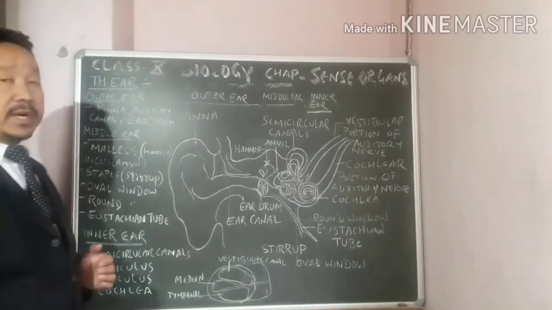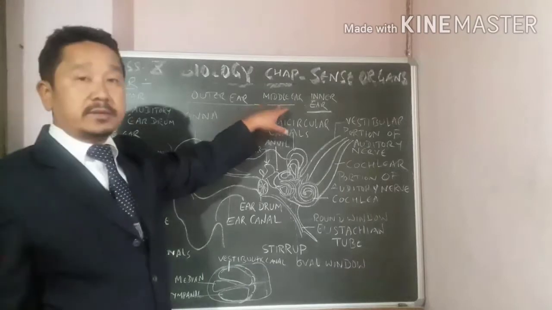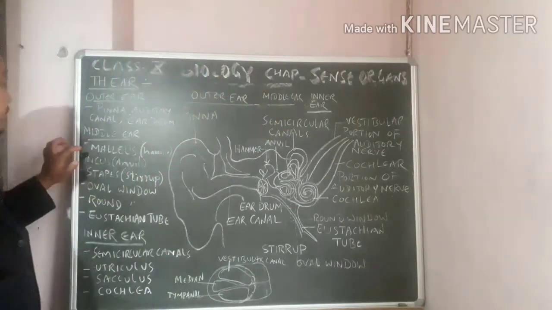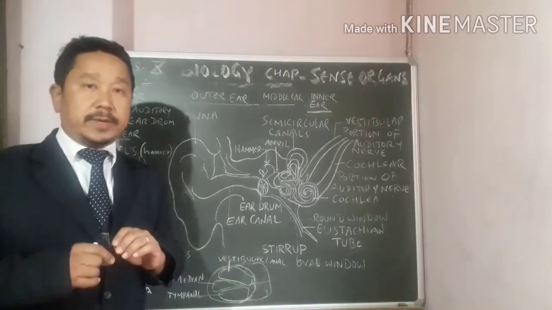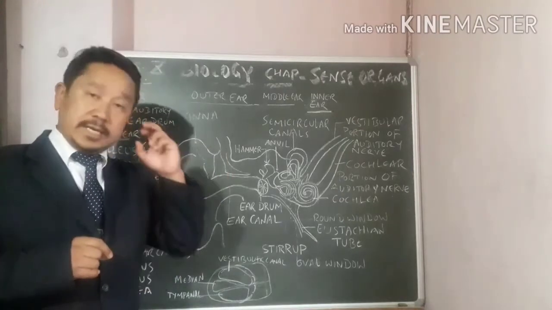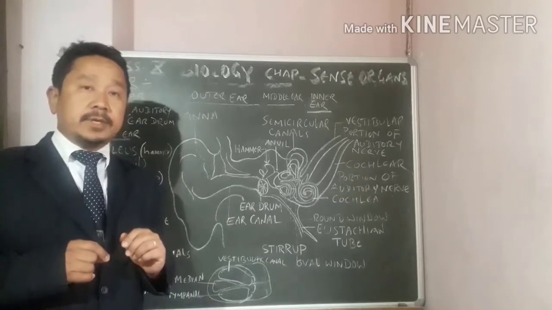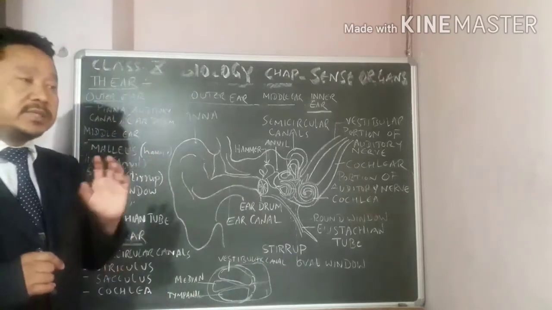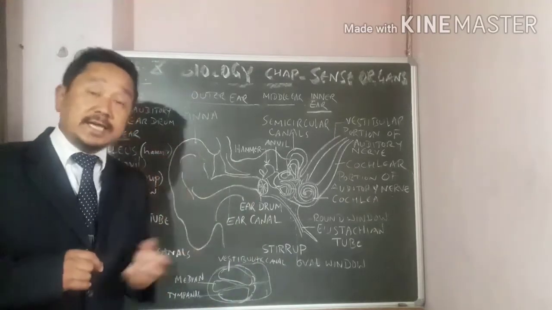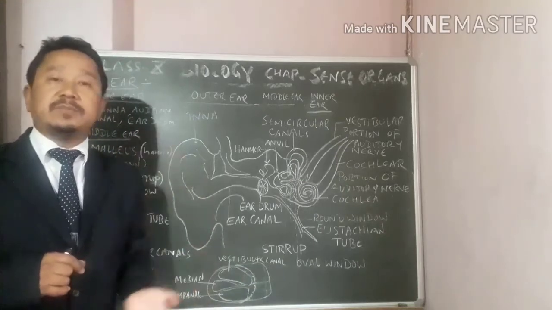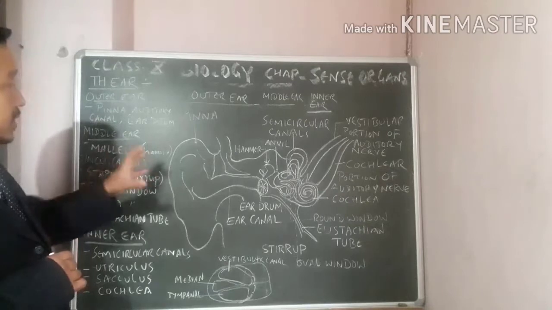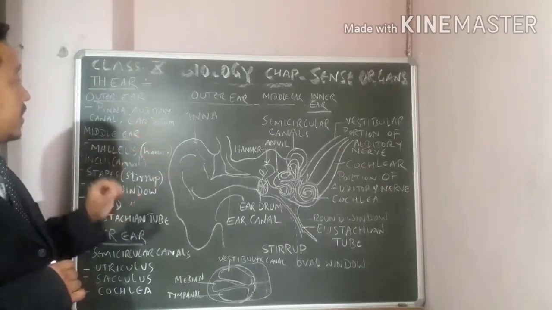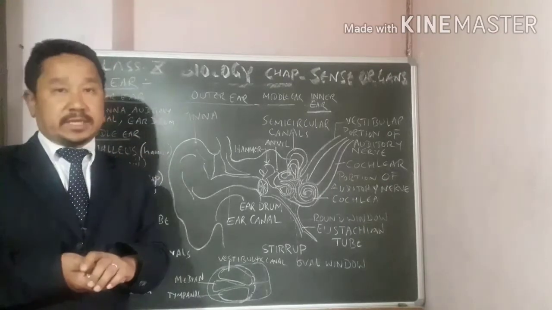The second part, the middle ear, consists mainly of three small bones. These three small bones inside the ear are collectively called ear ossicles. They are not mentioned here, but they are collectively called ear ossicles.